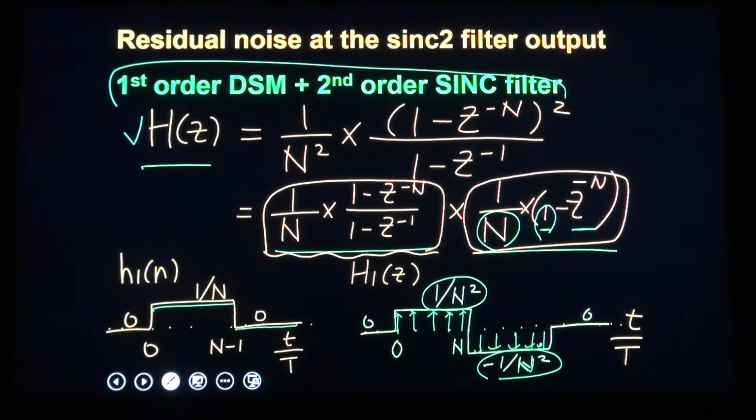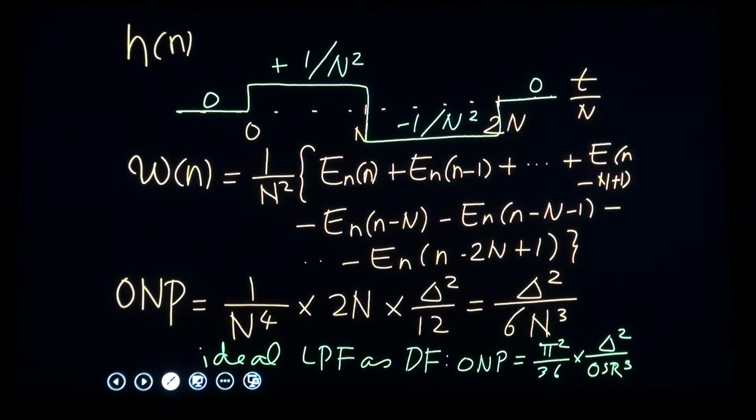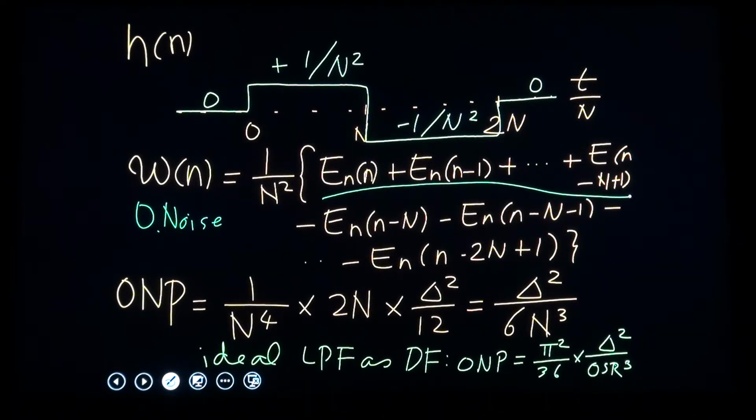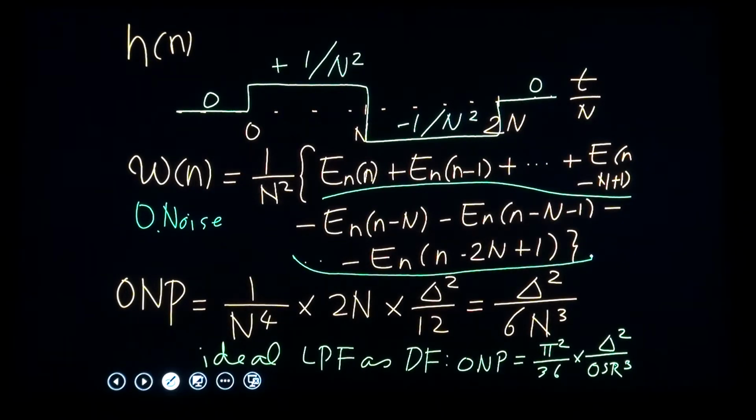So if we look at this one, this is my output noise. Here it will be the sum of n e[n]'s, this is quantization noise, and then minus another n noise. So the output noise power is the square of this one, and they are independent from each other.